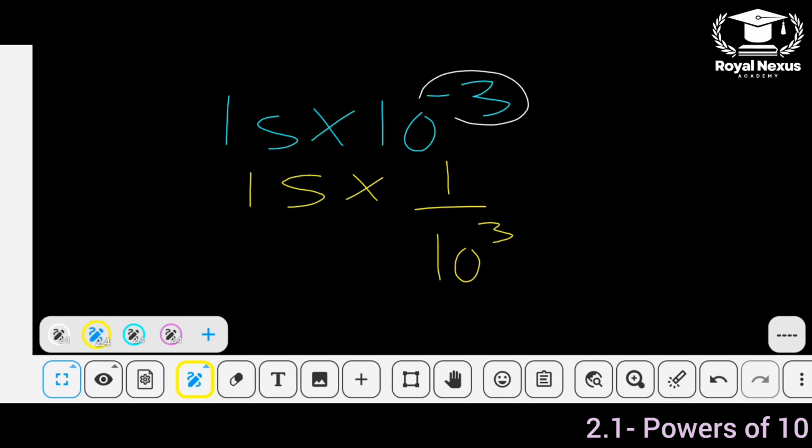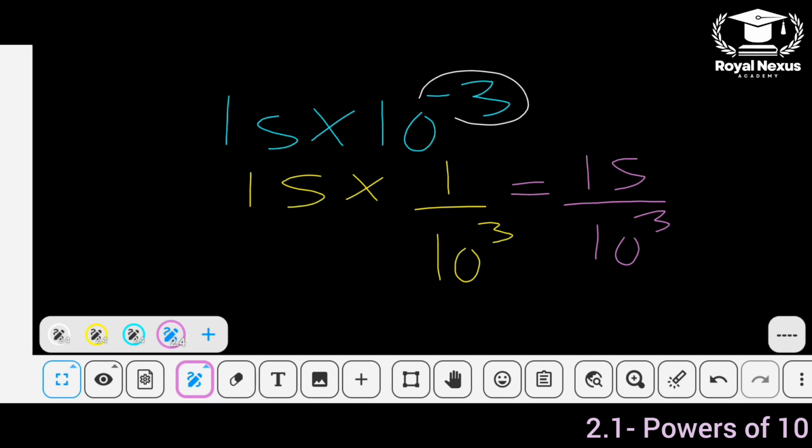So it can be written like this: 15 upon 10 to the power 3. Effectively, 15 is being divided by 10 to the power 3, which means that we need to move the decimal to the left.